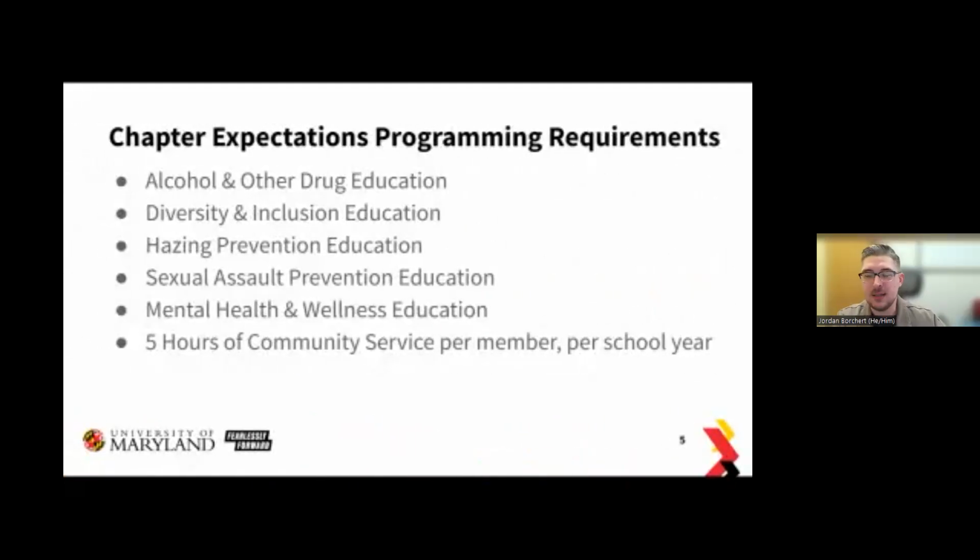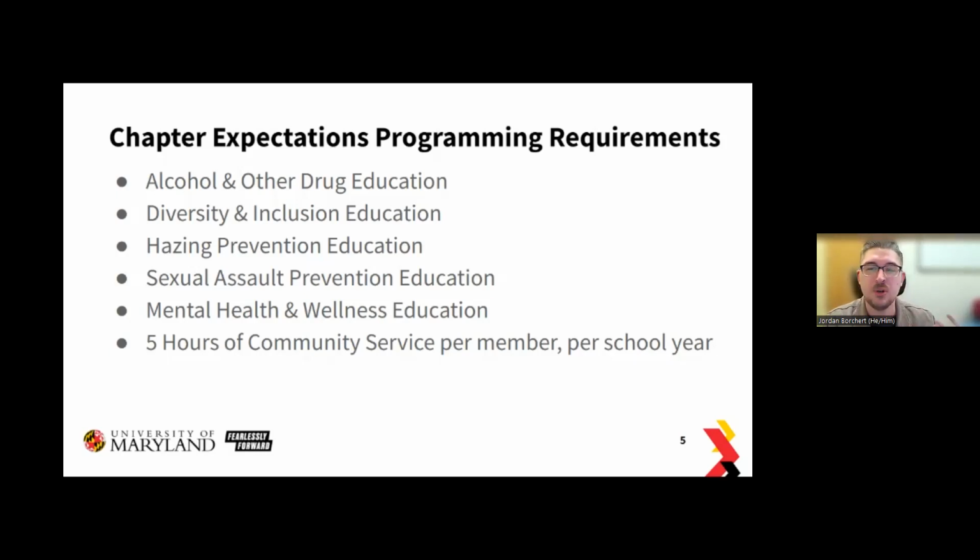Thanks, Hamed. And just as Hamed mentioned, our chapter expectations program are not only ways to hold our groups accountable, but to allow them to have a comprehensive education and experience with fraternity and sorority life, right?